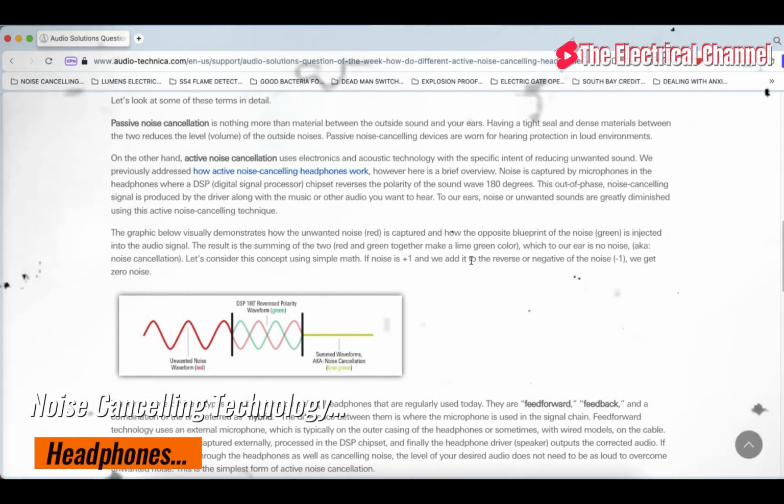Let's consider this concept using simple math. If noise is +1, and we add it to the reverse or negative of the noise, negative 1, we get 0 noise.